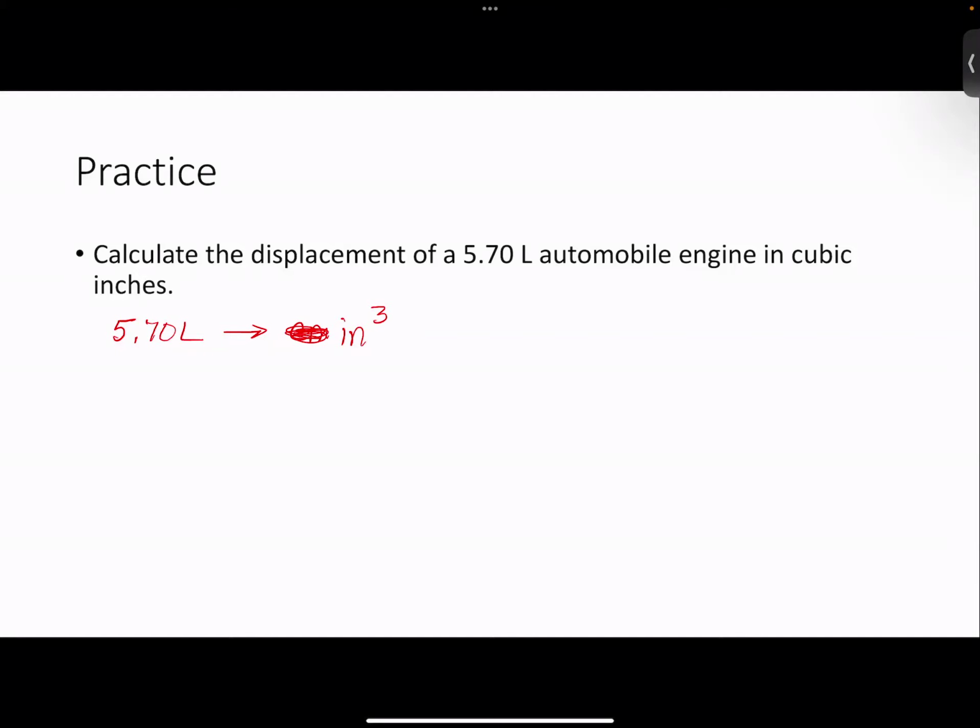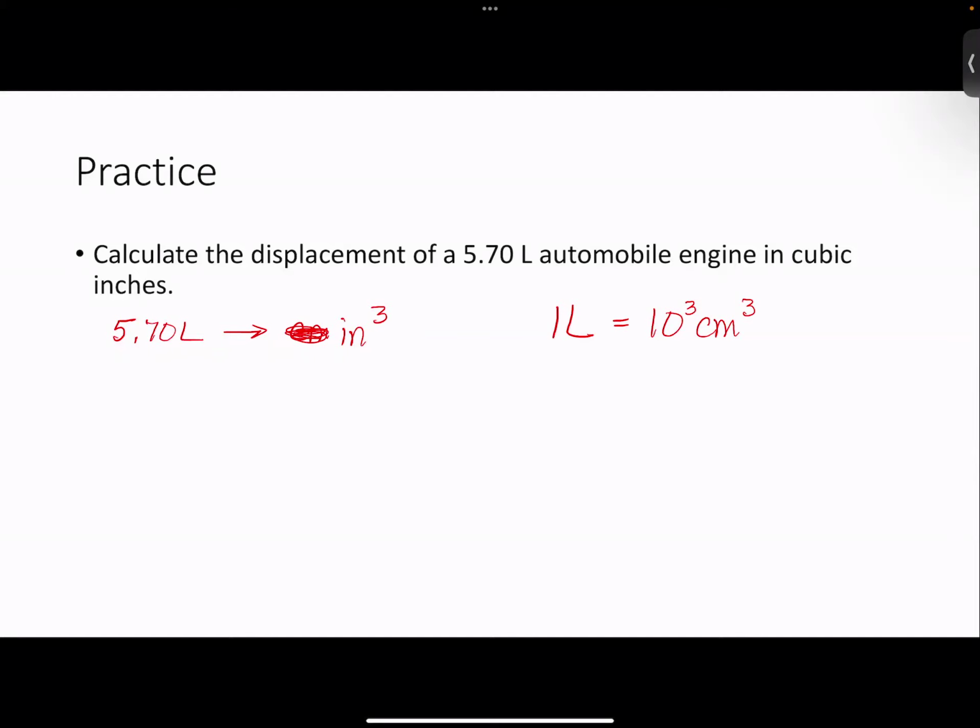When I look up English to metric conversions, one of the things that I will find is that 1 liter is equal to 10 to the third centimeters cubed. I chose this particular conversion factor because I needed to get it into something that would be considered a ruler type of measurement.